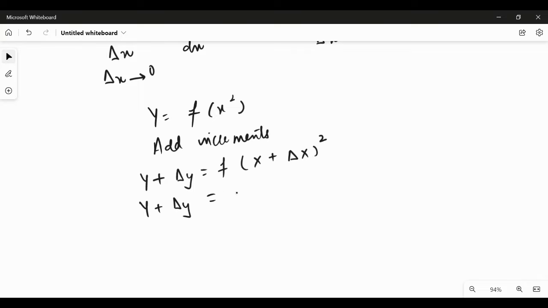So y plus delta y is equal to x square plus delta x square plus 2x into delta x.